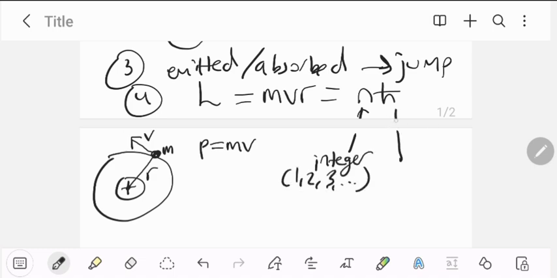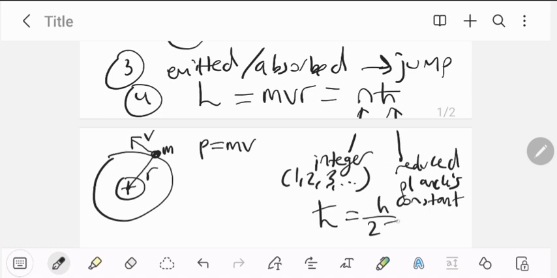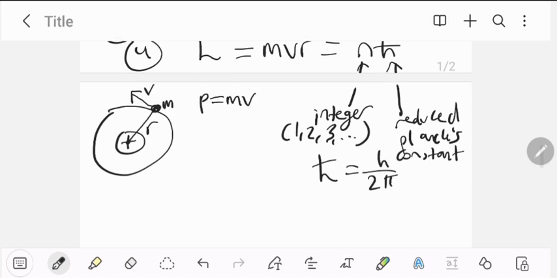h bar is what's called the reduced Planck's constant, reduced because it's simpler to write this than this. So h bar is just h over 2 pi. This came from previous work by a guy named John Nicholson, if I'm not mistaken, before Bohr.